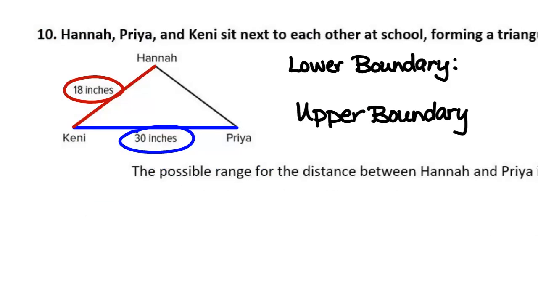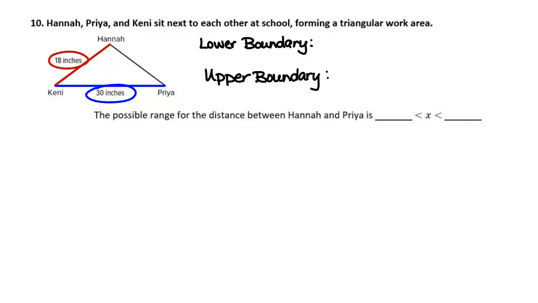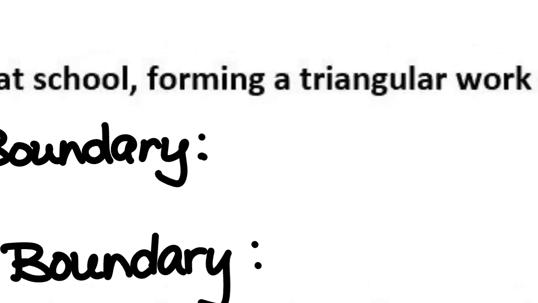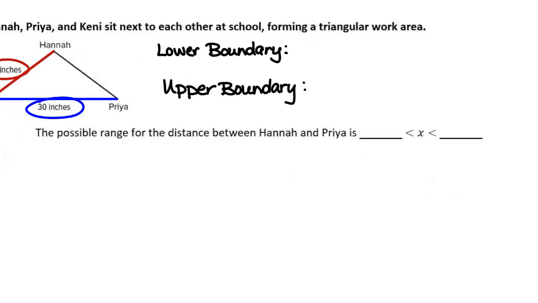Remember when we said earlier that any two sides of a triangle have to add up together to be bigger than the third side? To find that upper boundary, I don't know that these are the two smallest sides. Maybe they are.